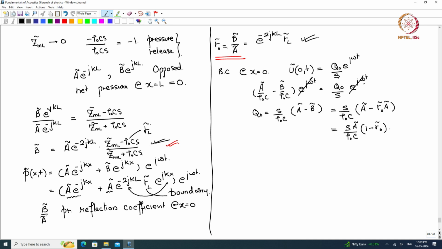From here, we can find that a tilde is equal to q0 rho 0 c by s into 1 minus r tilde 0, and b tilde is equal to q0 rho 0 c r 0 tilde by s into 1 minus r 0 tilde.